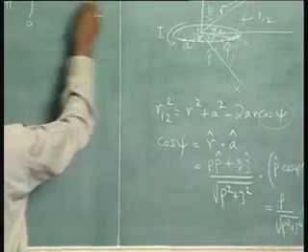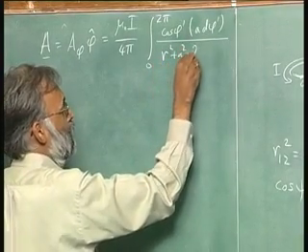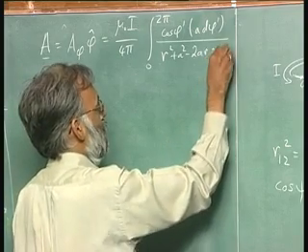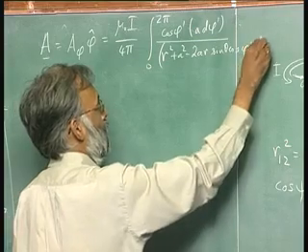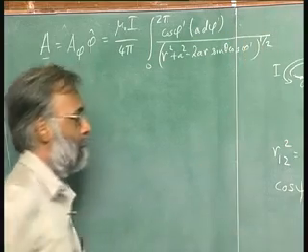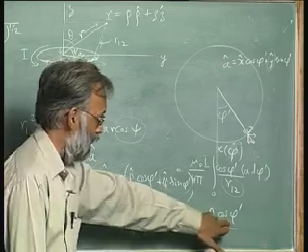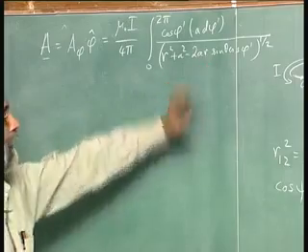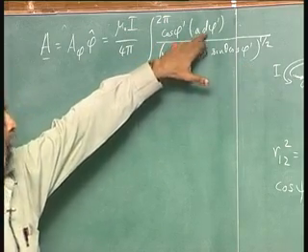What is R12? It is equal to r squared plus a squared minus 2ar sin theta cos phi prime to the power of half. I have taken this cos phi and substituted sin theta cos phi prime. So, that is the expression we have. This is R12 and this is dl.